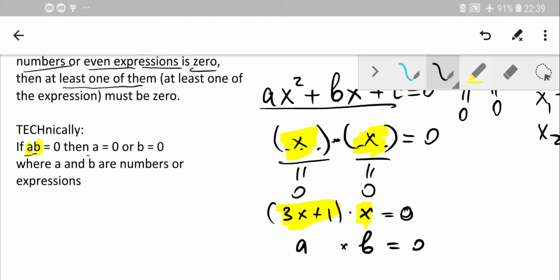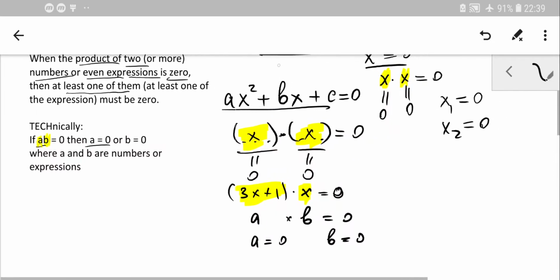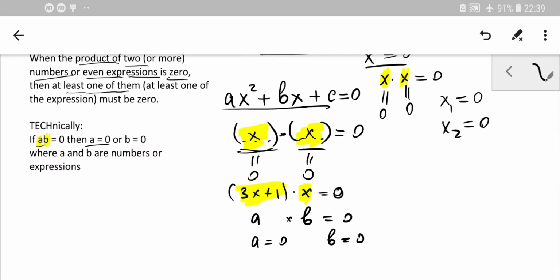Then either a or b must be 0, or both probably. So that's why we can resolve two simplest equations, which are mostly in linear form. If we have quadratic equations and we are able to factorize them into linear ones, we'll get two linear factors, simply like 3x plus 1 and another factor, just x.